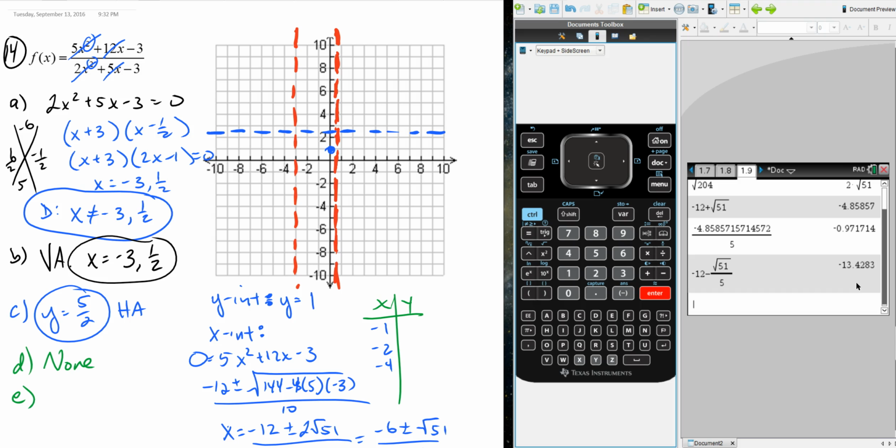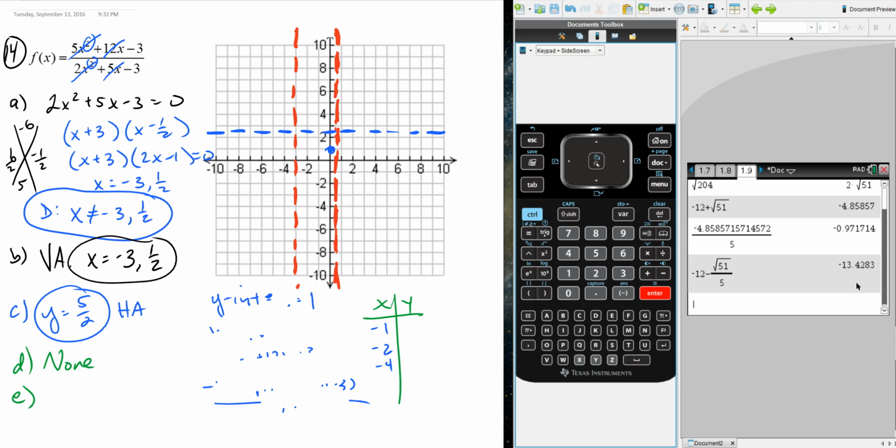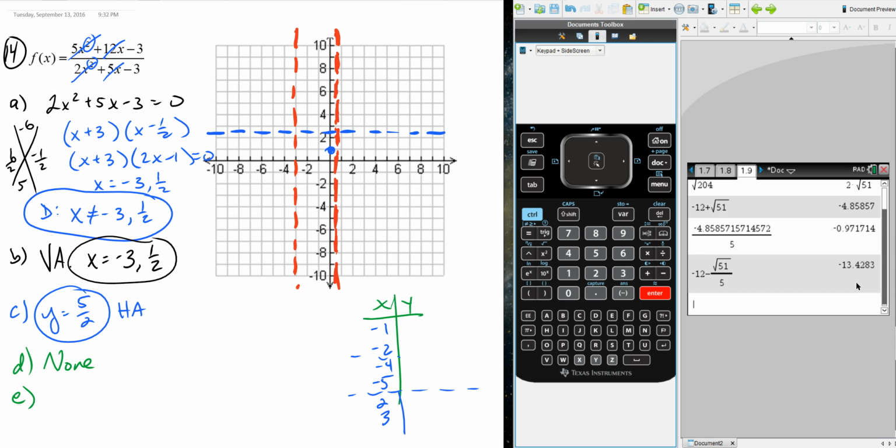Let's try -4. I'm going to get rid of this stuff just because it's in the way. I'm going to try -4 because it's outside the asymptote, and maybe -5, see what happens there, and I'm going to try +2 and +3. So there's my asymptotes. So I'm going to go ahead and plug this in.